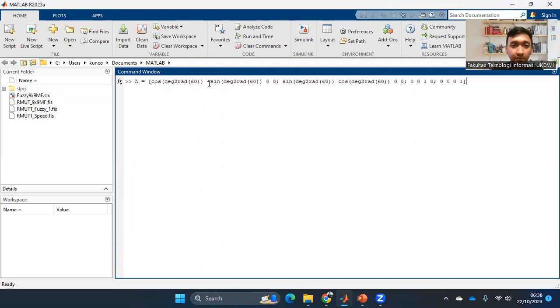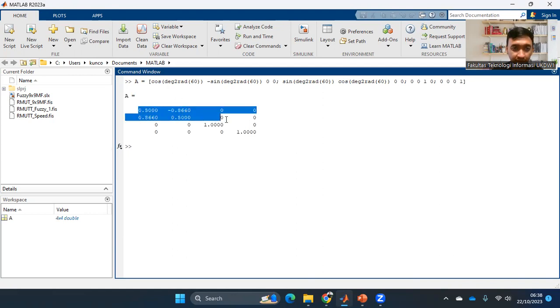For each column, we separate it with a semicolon. After this we can enter.